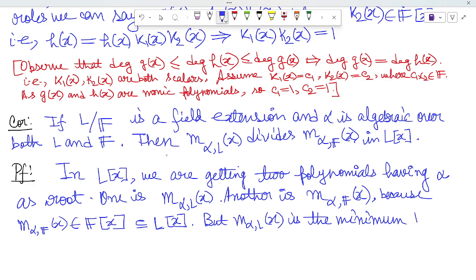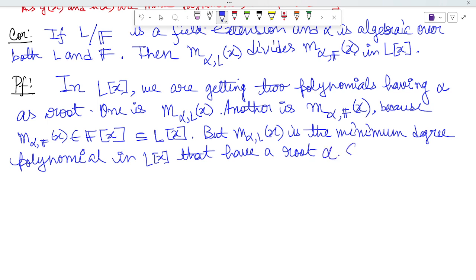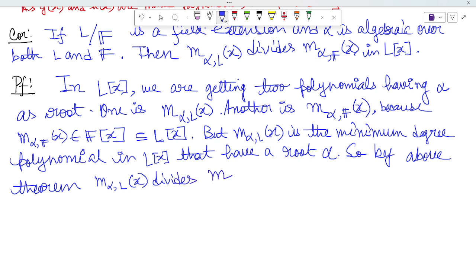We have proved that. Any polynomial in L x that has root alpha, I have a theorem, it divides, and it's proved.